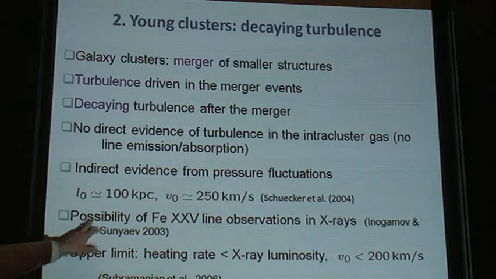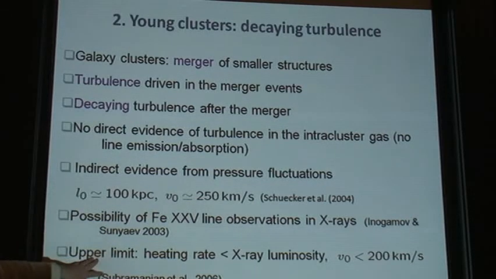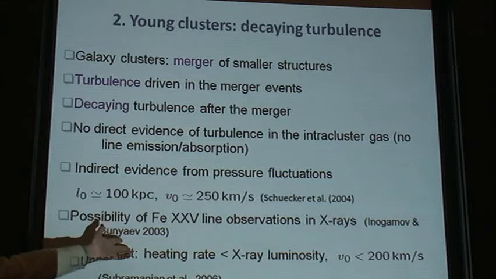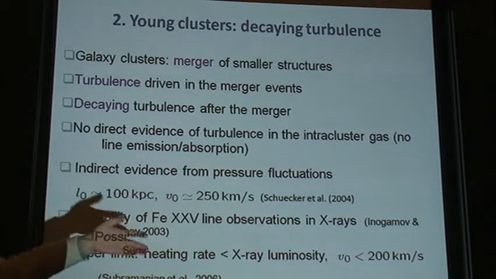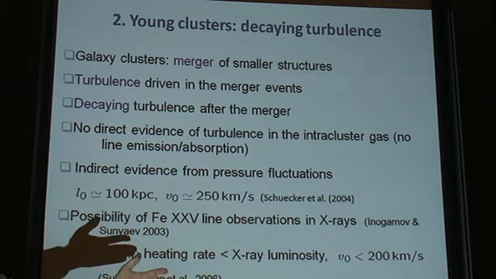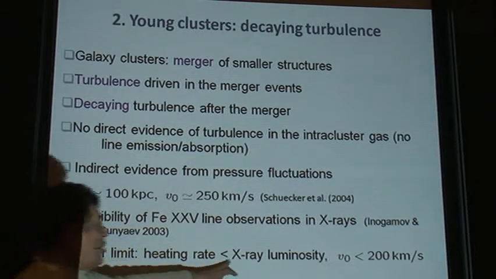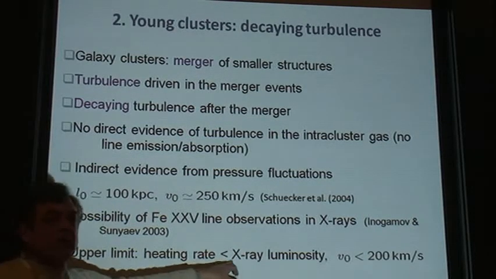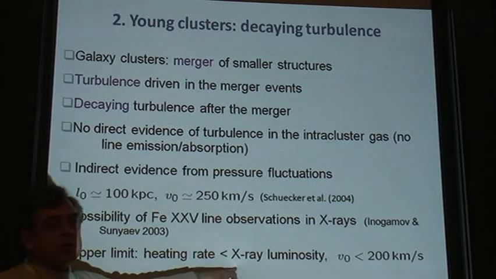I mentioned the possibility of observations of turbulent non-thermal broadening of Doppler lines in future. And we can obtain an upper limit. If there is some turbulence, it will heat the gas because of this energy cascade. And we know the X-ray luminosity, we know how hot the gas is, how rapidly it cools.